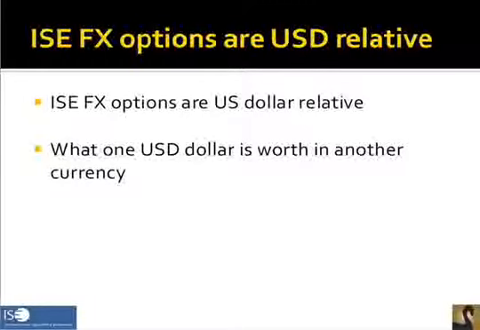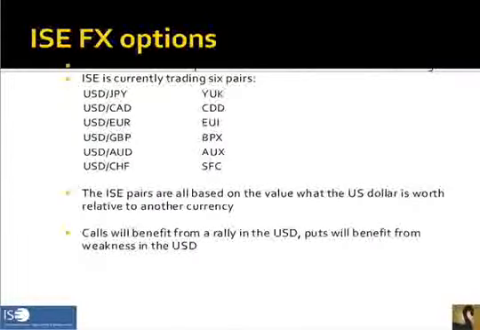So let me just take a step back and explain about the ISEFX options. They are dollar-based, which means the dollar is the numerator in all of the pairs. So it is what $1 is worth in another currency's value. So whether you're going to Canada or Europe, Japan, whatever, that's really the way the ISE convention was set up.